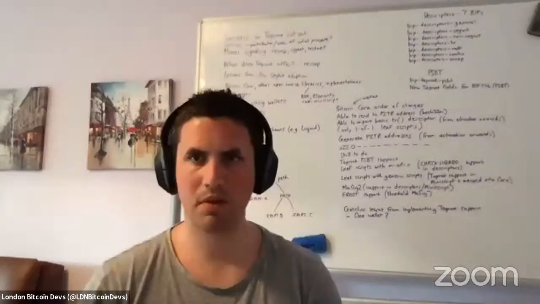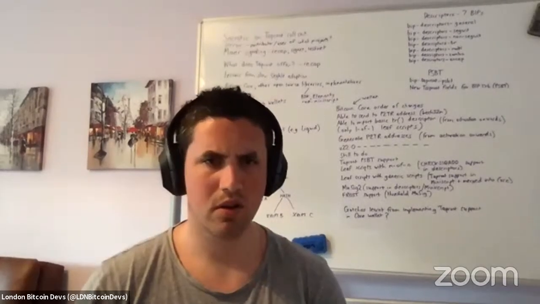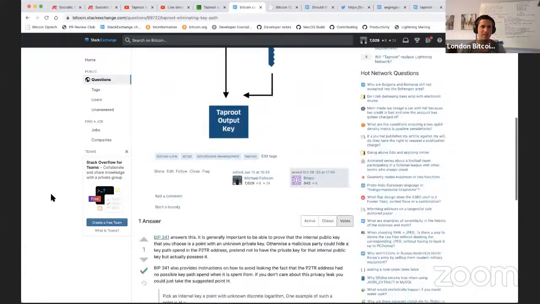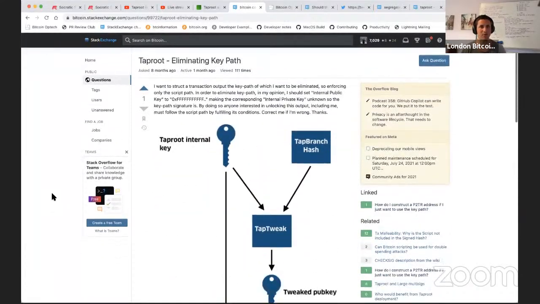Okay. Any comments, questions? So go on to, so this is the flip side. This is if you don't want to use the key path and you just want to use a single script path or multiple script paths, but you don't want that key path option.